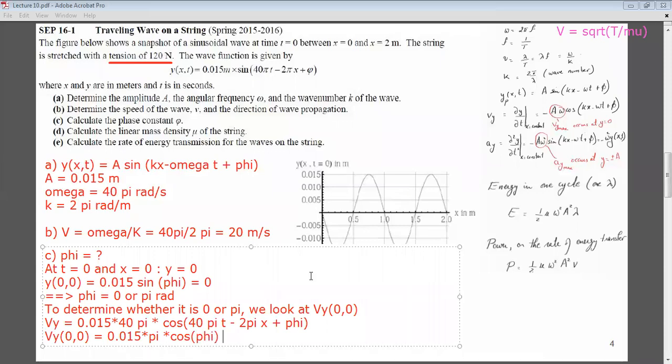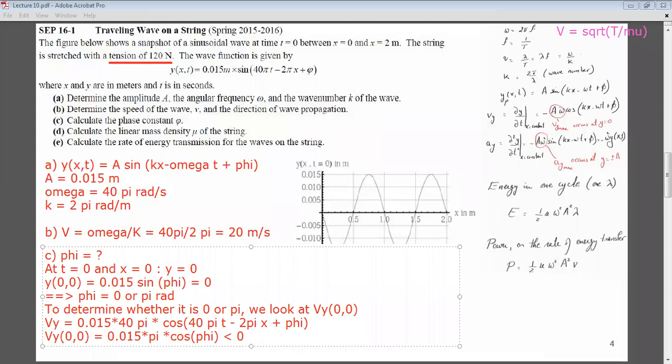Is it negative or positive? So here, if I look at V, is it going downward or upward? If it is going downward, it implies Vy is negative. If it is going upward, then Vy is positive. So here it is negative. And when is the cosine function negative?